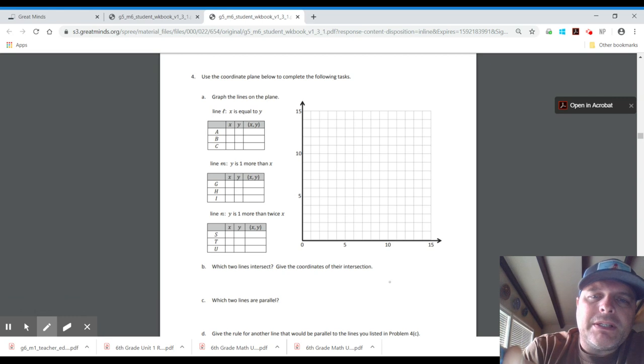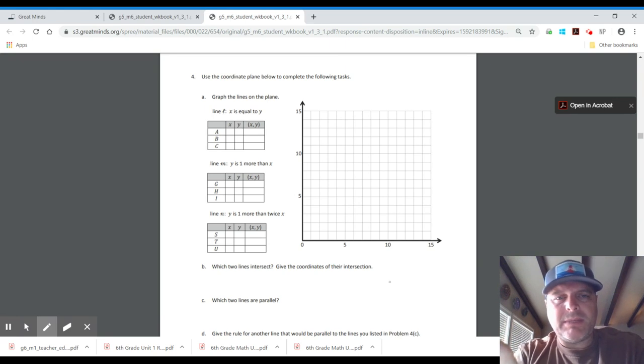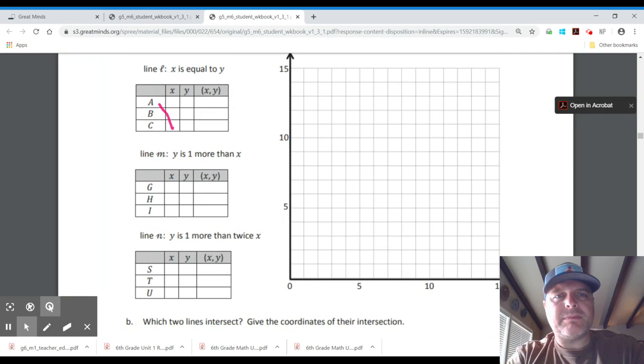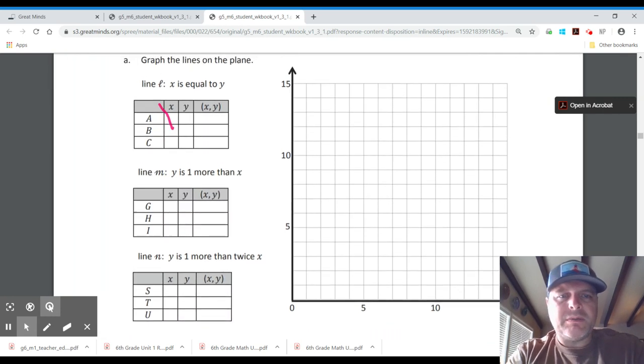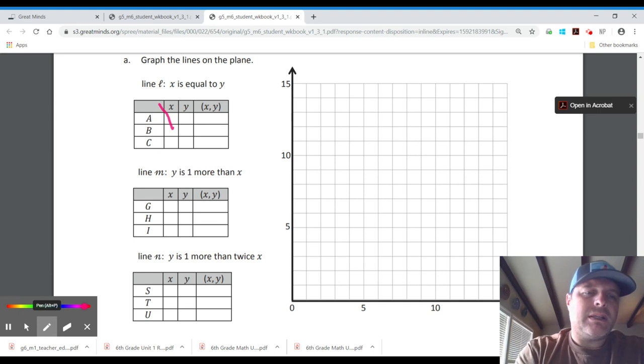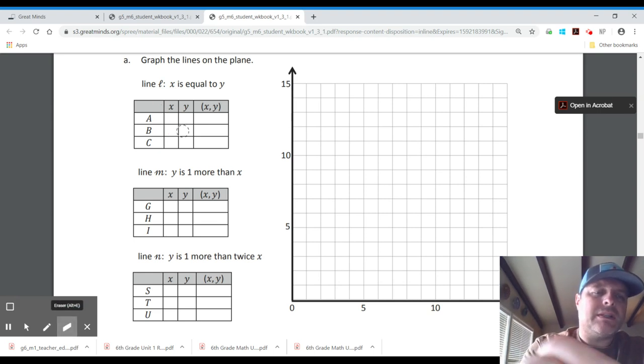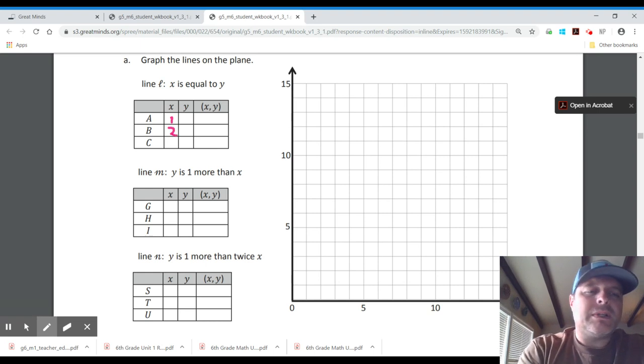So line L, if x equals y, let's do for line L. Can I make this bigger? Sorry, I'm going to make this bigger so we can actually see what we're doing. Okay. All right. First, let's erase that. Okay. I'm not going to do 1, 2, 3 this time.